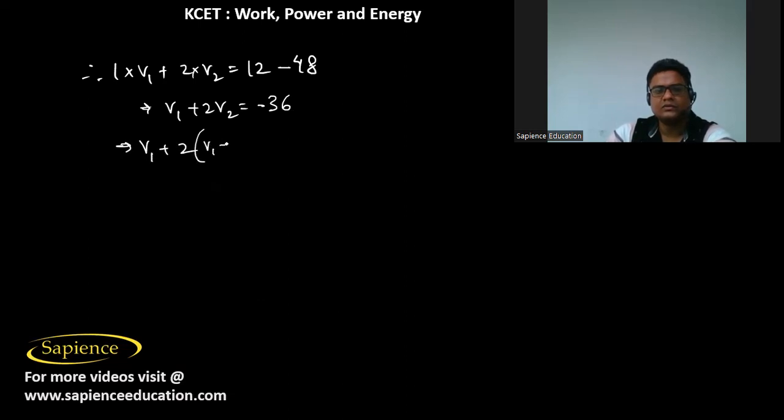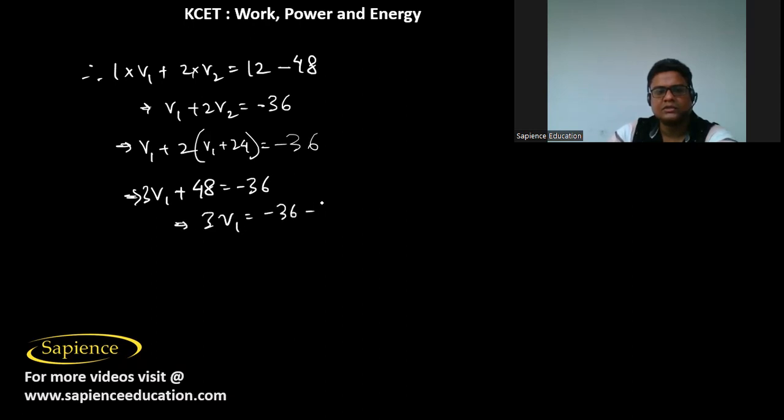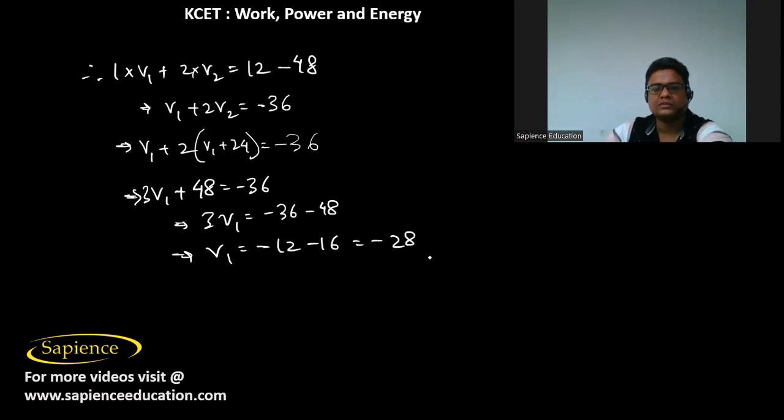So v1 plus 2 into v1 plus 24 is equal to minus 36. So therefore we can say v1 plus 2 v1, that is 3 v1, plus 24 into 2 is 48, is equal to minus 36. So 3 v1 is equal to minus 36 minus 48. Therefore v1, I can say this is minus 12 minus 16, that is equal to minus 28 meter per second.